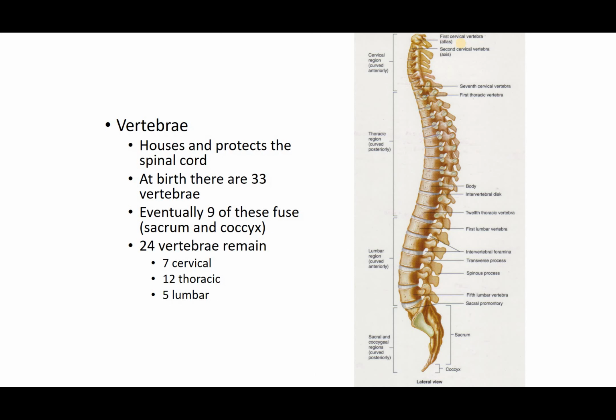Okay, the vertebra, this is an adult vertebra. And at birth, we have about 33 vertebra because the sacrum and coccyx bones are not fused. As you go through growth and development, eventually they do fuse, and you're left with 24 vertebra, your sacrum and your coccyx.